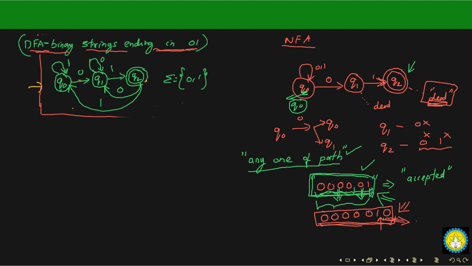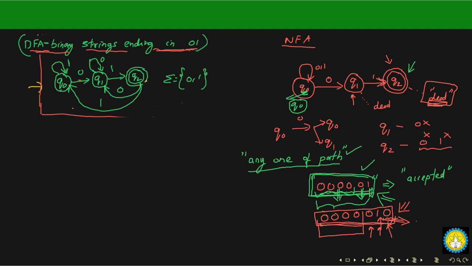Let me make it very clear. After seeing the first four zeros, I decide to be at Q0 itself, and then upon seeing the next zero, I move to Q1, and then I have a 1, so I will be at Q2. But remember, you have one more symbol.